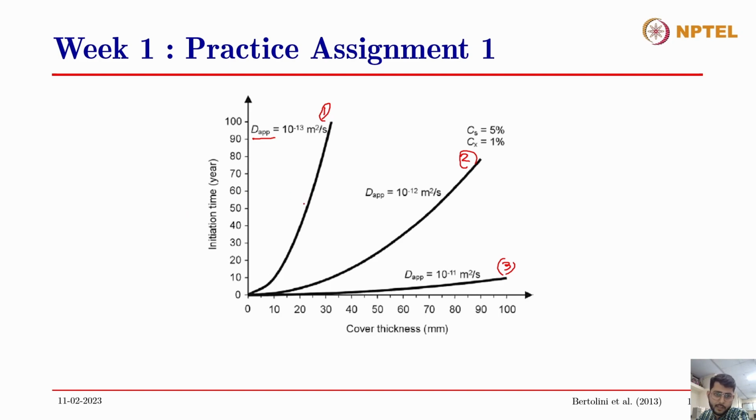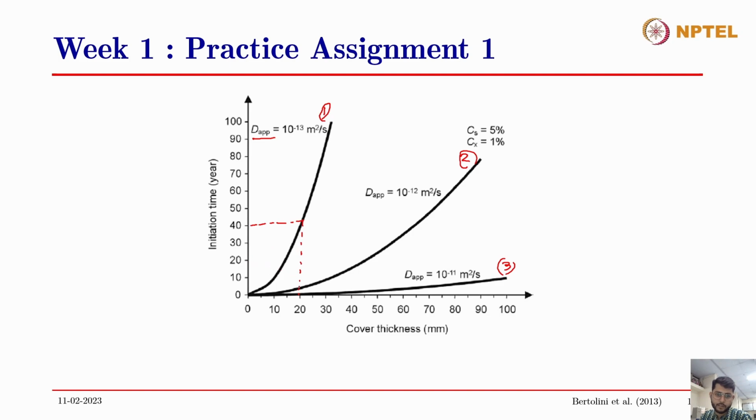For a given cover thickness, let's say around 20 mm, the initiation time for curve one, which has the lowest diffusion coefficient, is around 40 years.